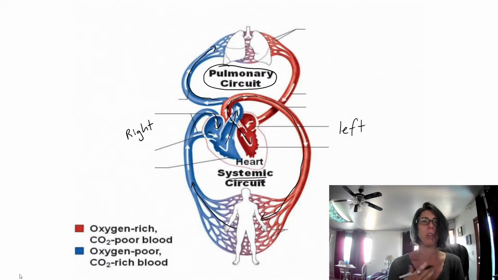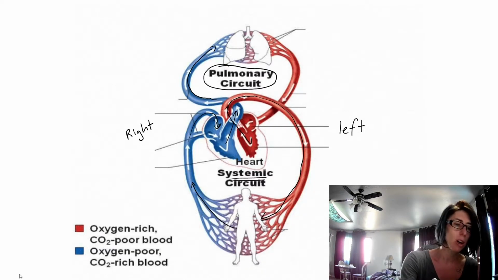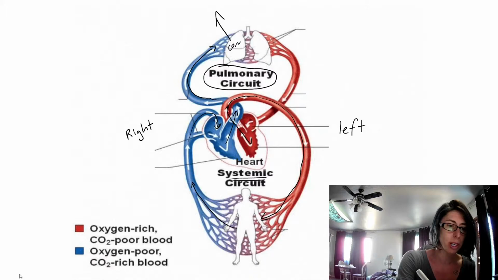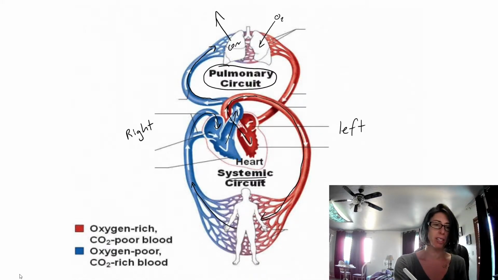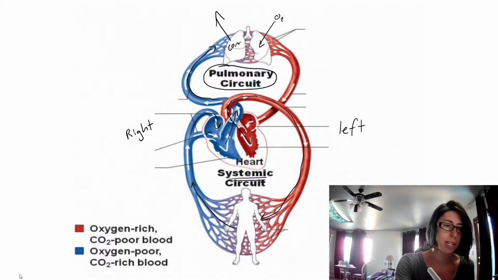Pulmonary refers to lungs. So all that carbon dioxide waste is unloaded. So carbon dioxide is going to be exhaled here, and we're going to inhale oxygen and put that back into the blood. So carbon dioxide waste is unloaded, exhaled. We inhale, bring in new oxygen, load up this blood.